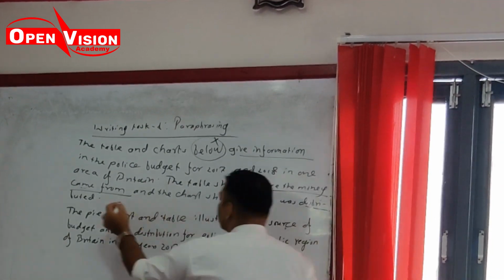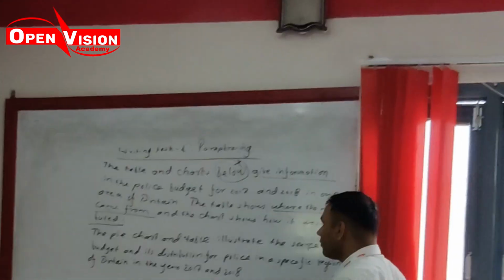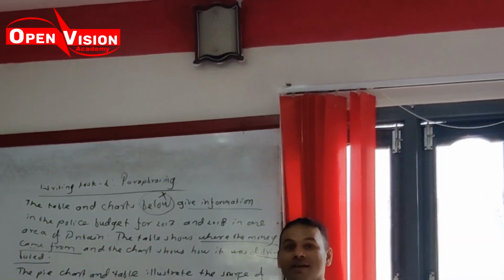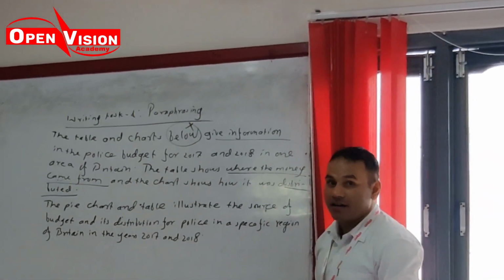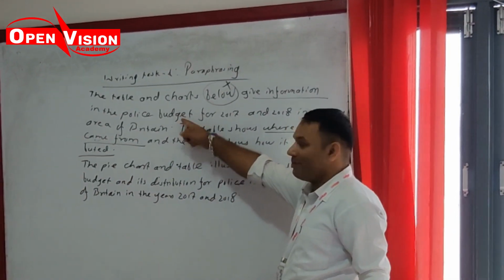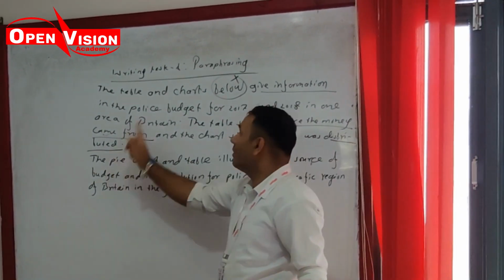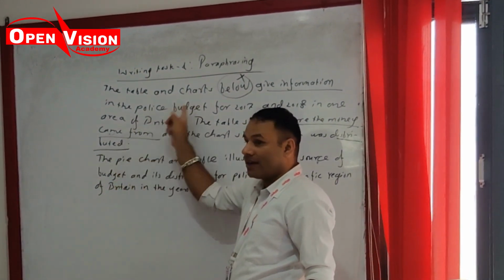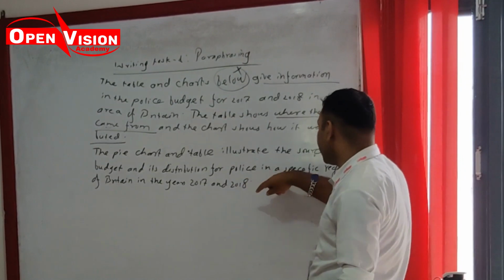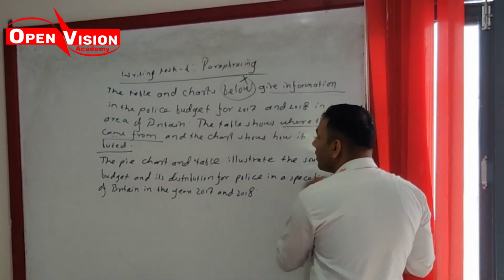The term distributed was given, and what I did was change the part of speech here. The term budget already came, so I need not write it again. Distribution for the police in a specific region of Britain.